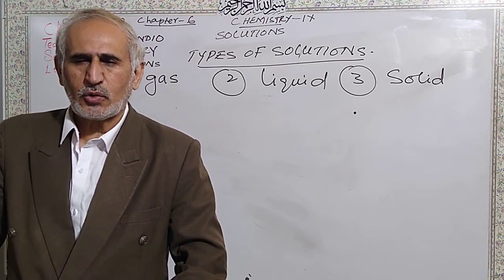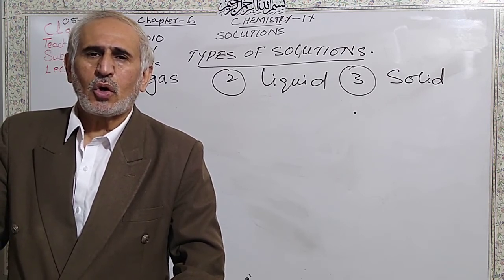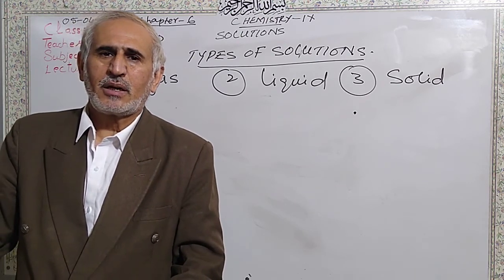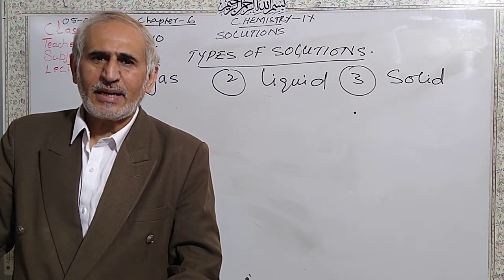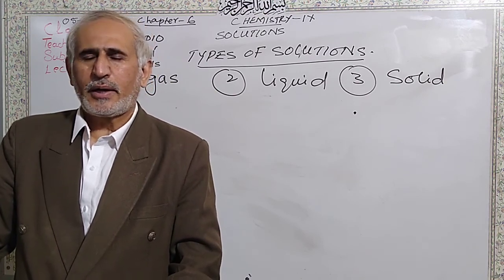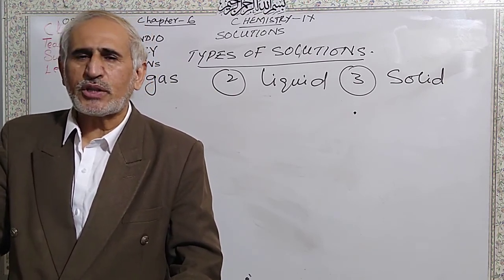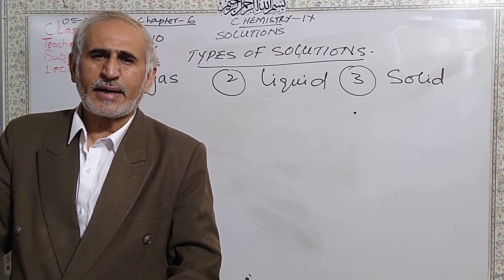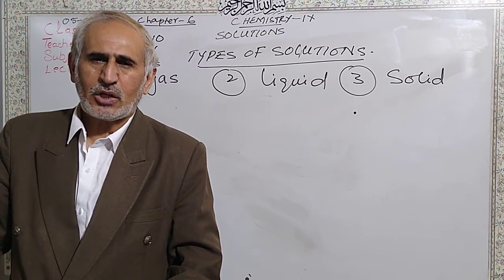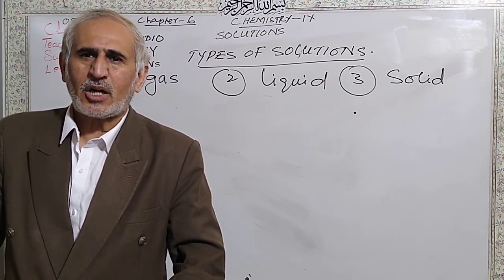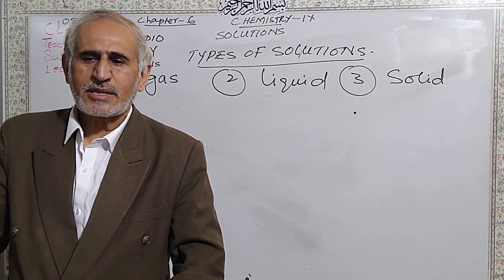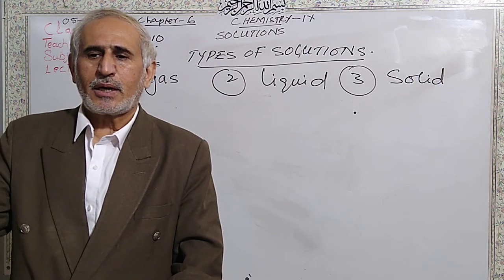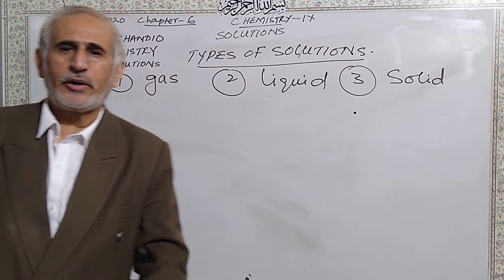When you dissolve a solute in a solvent, only one phase will come, the solvent phase, completely homogenized. In chapter number 1, you did heterogeneous, meaning you can see the solute particles with your naked eyes, just like when you put salt in sand, you can see the solute particles in the solvent.